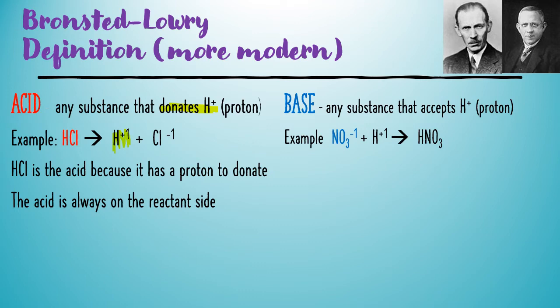And so looking at this reaction, NO3 plus H makes HNO3. This NO3 accepts, or it has the H join it, so it is considered a base. Nitrate is the base in this case because it accepted or took that H plus.